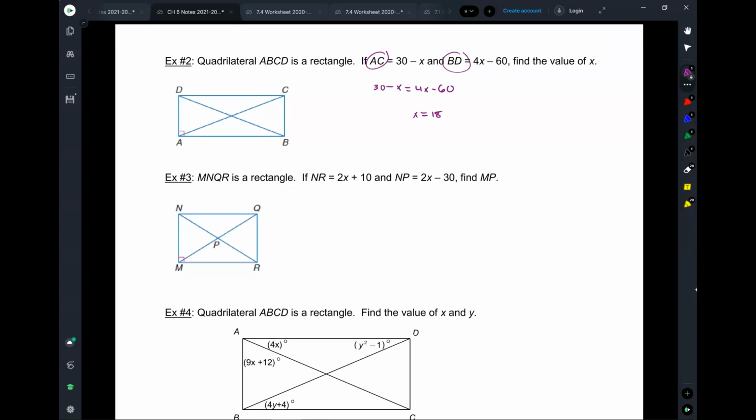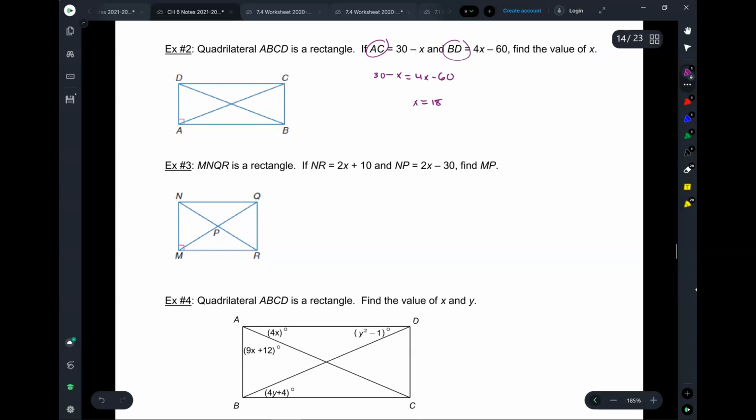Okay. MNQR is a rectangle. If NR is 2x plus 10 and NP, okay, so NP is just this one, 2x minus 30. And then NR is 2x plus 10. So this whole thing is 2x plus 10.